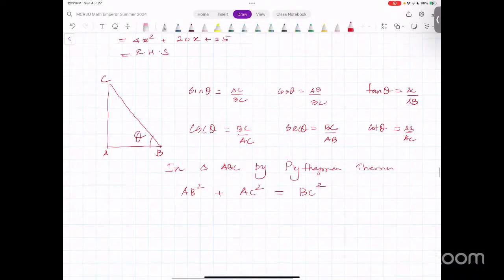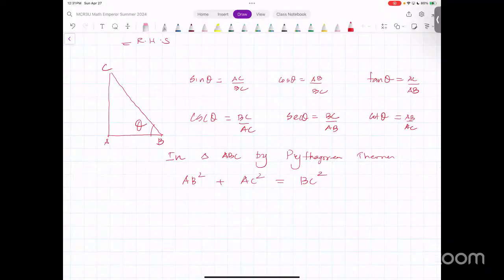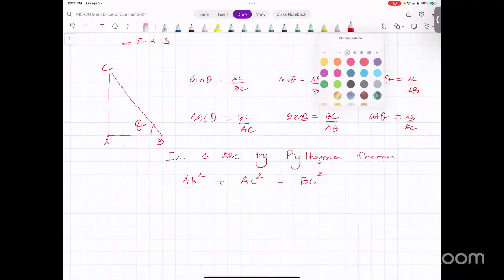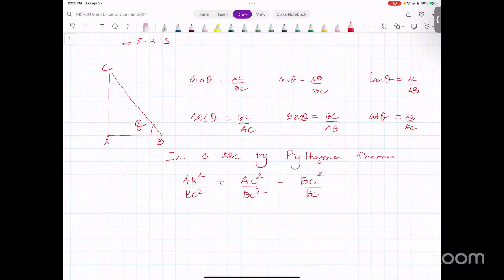All good? Pythagorean theorem: AB squared plus AC squared is BC squared. I'm going to divide all sides by BC squared. That's my first step. We can do that without further issues. You're dividing by the same factor.